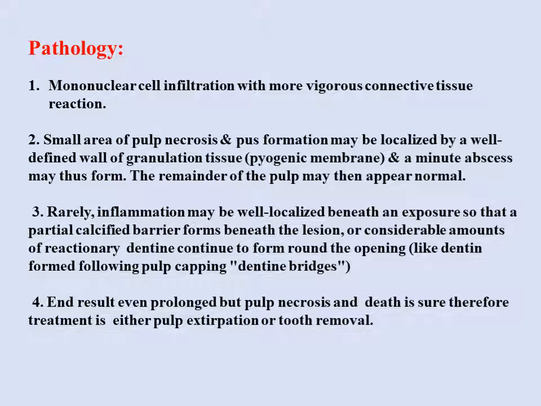If we recall, in acute pulpitis we have polymorphonuclear or neutrophil cell infiltration, which we always see as the predominant cell in acute inflammation. In chronic inflammation, we will have mononuclear cells, lymphocytes and plasma cells, which are predominant in chronic inflammation. We may see a small area of pulp necrosis, and again there might be pus formation localized by a well-defined wall of granulation tissue.